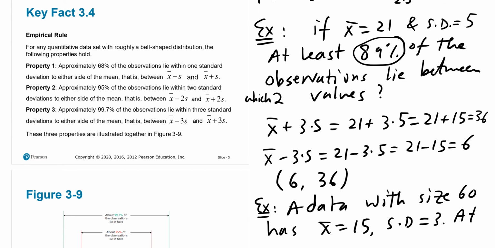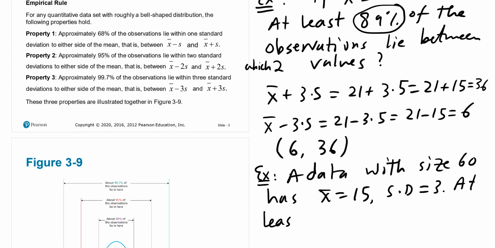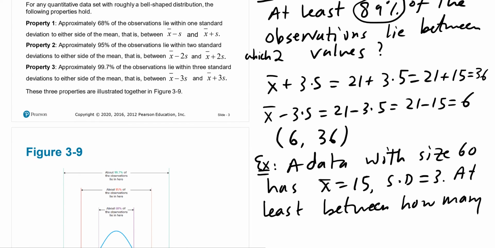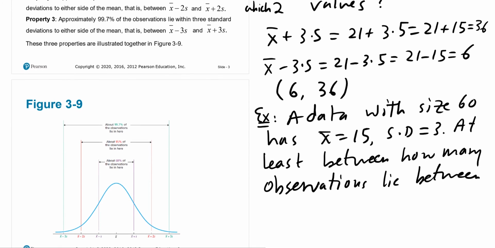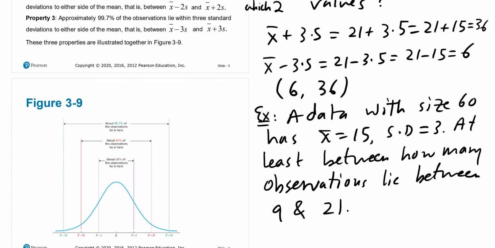At least how many observations lie between 9 and 21? So here they give you two different values, and we need to know how many observations fall in there.